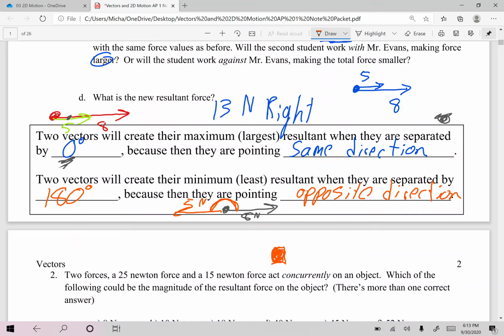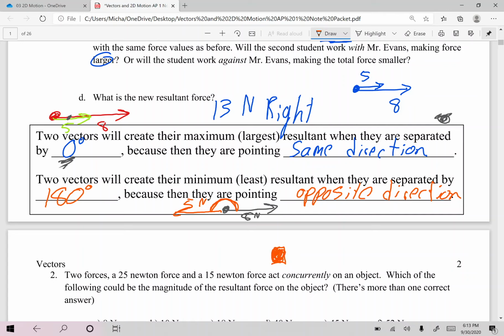And that third correct answer choice is 18 newtons. I'm not going to hold you responsible for calculating the angle quite yet, but there's some angle in between 0, meaning right on top of each other, and 180, directly against one another, where the resultant will be less than 40, greater than 10, and it'll be 18 somewhere in there. It can be anything in the middle: 40, 39, 38, anything all the way down to 10. 18 falls squarely within that range.